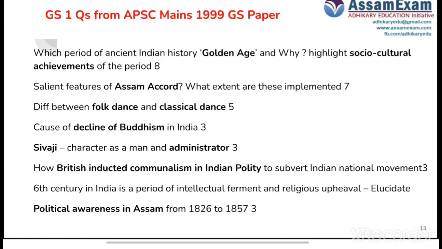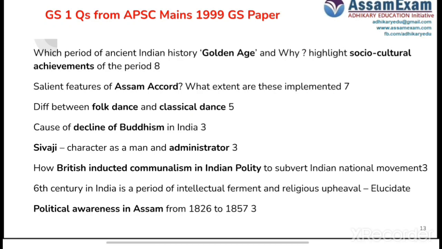Next question, the 6th century in India is a period of intellectual ferment and religious upheaval. Elucidate. Next question, political awareness in Assam from 1826 to 1857. 1826 was the year when the Treaty of Yandabu was signed, and 1857 was the year of the great revolt, which is also considered by some historians as the first war of independence.